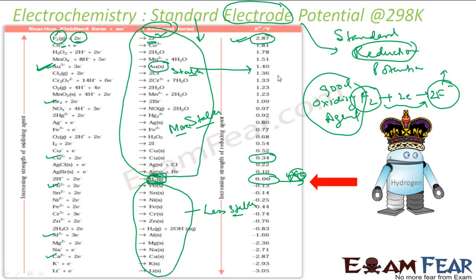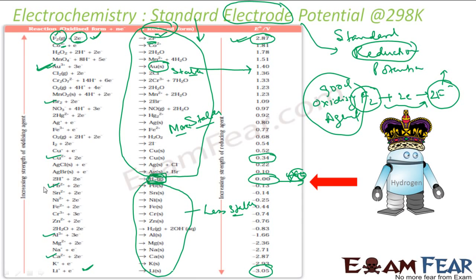Right? Same thing if you see, lithium has the lowest electrode potential, minus 3.0. That means this is not even favorable. This is more stable. Li plus is more stable. Correct? Now if we talk about this, this was a very strong oxidizing agent, as you've seen, because fluorine wants to become F minus.